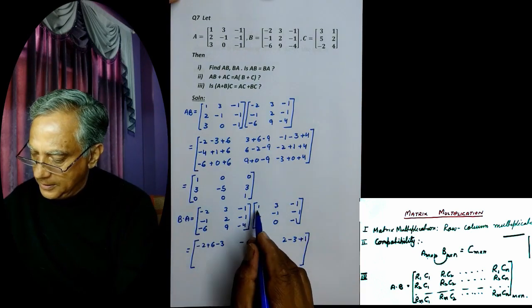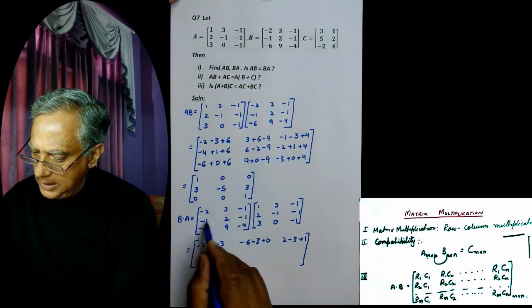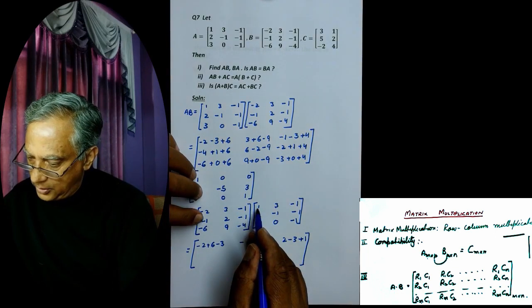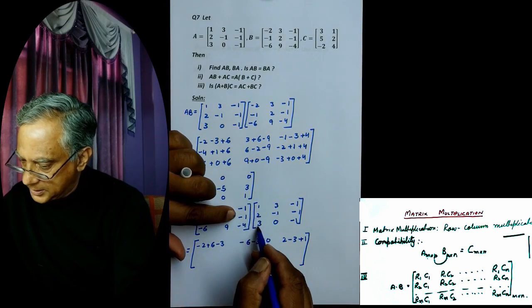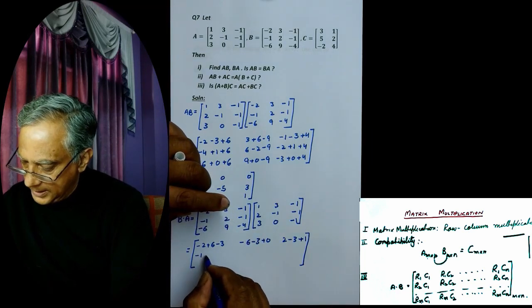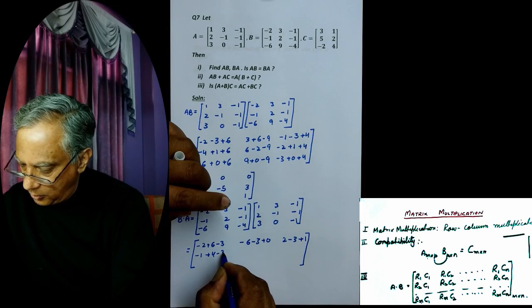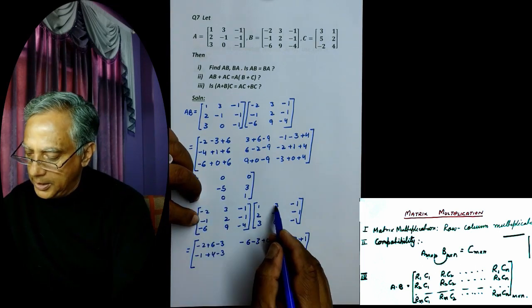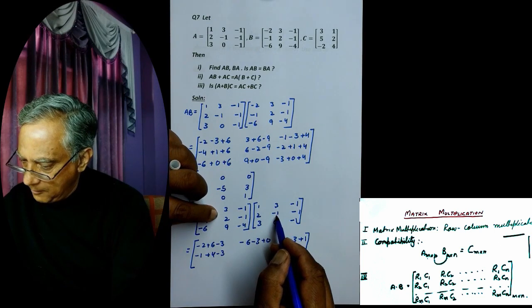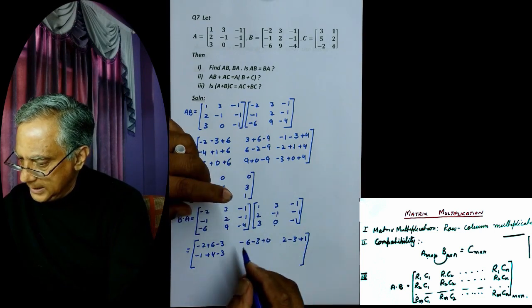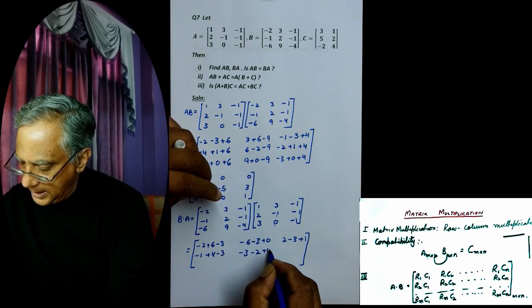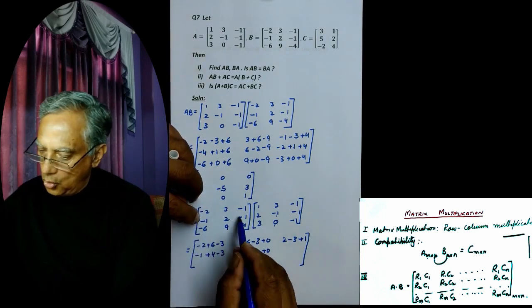Now next is this into all the columns. This into first column. Minus 1 into 1 is minus 1 plus 4 minus 3. This into this. Minus 3, minus 2 and 0.